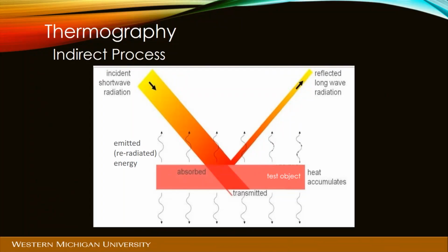So we have to tell it how much of that energy is being reflected off the part, by telling the camera what percentage of heat is radiated versus reflected. That's known as the emissivity.